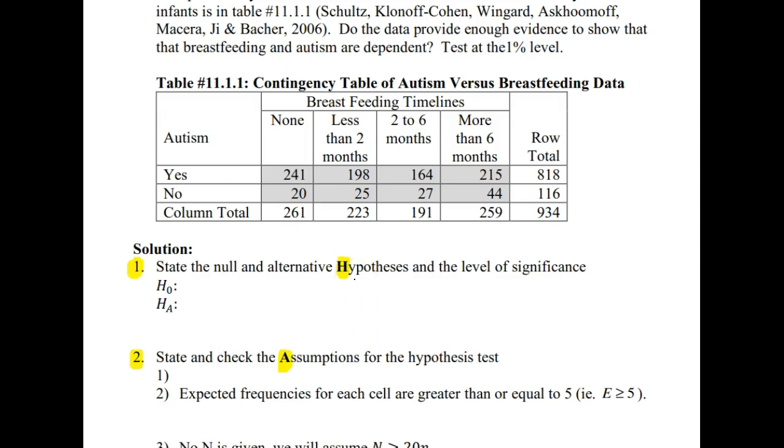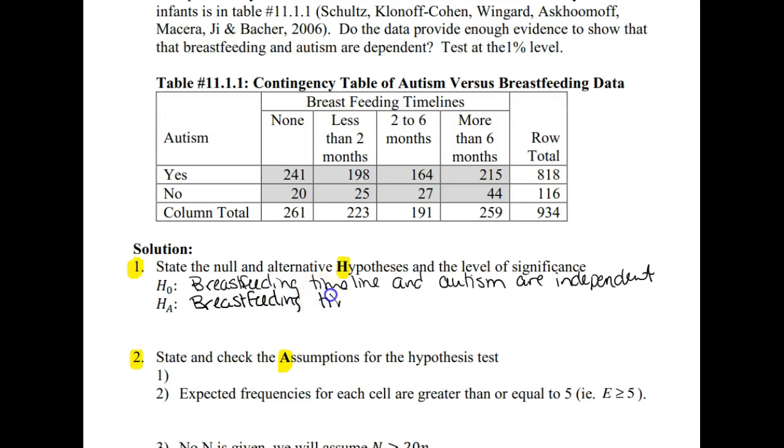And so again, the null hypothesis here is that breastfeeding timeline and autism are independent, and the alternative is that the breastfeeding timeline and autism are dependent.